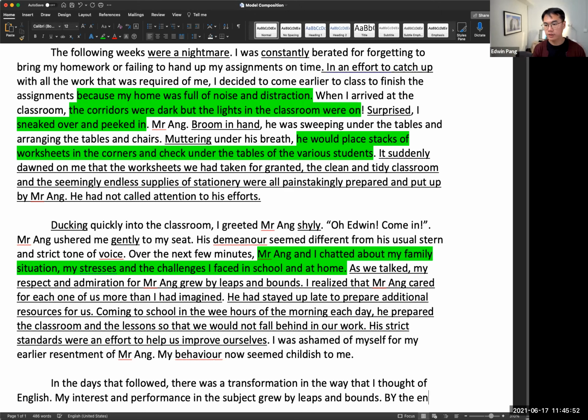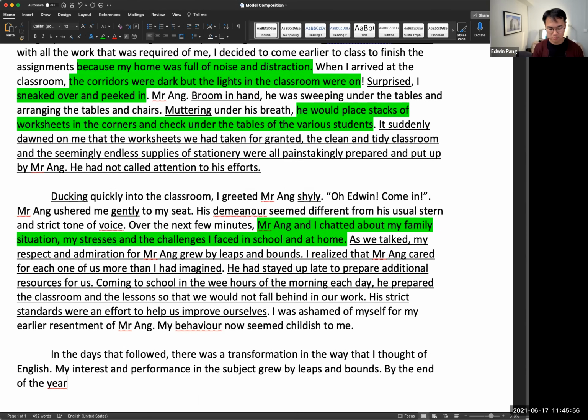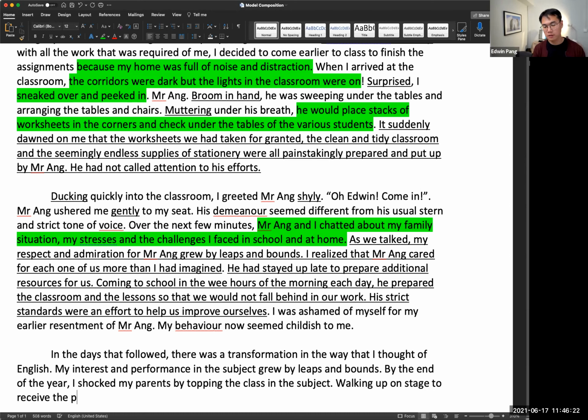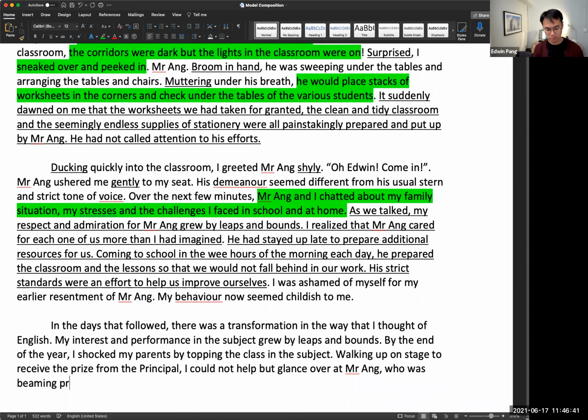Okay, by the end of the year, I shocked my parents by topping the class. Okay, maybe lah, just be a bit dramatic lah. Walking up on stage to receive the prize from the principal, I could not help but glance over at Mr. Ang, who was beaming proudly by the side of the stage.